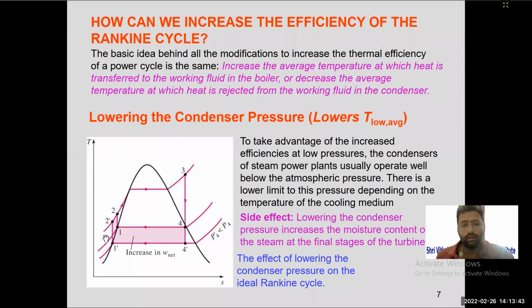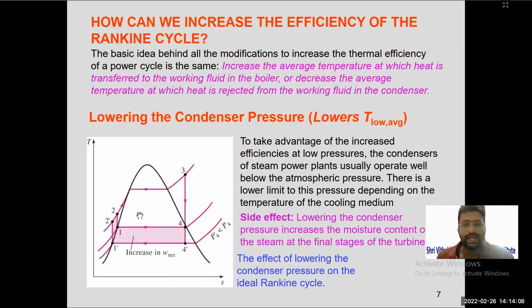See, so this is again saturation curve, and in this case we have 1 to 2, 2 to 3, 3 to 4, 4 to 1 as the ideal Rankine cycle or regular Rankine cycle. Now whatever area enclosed under this curve, 1 to 2, 2 to 3, 3 to 4, that is called the network.